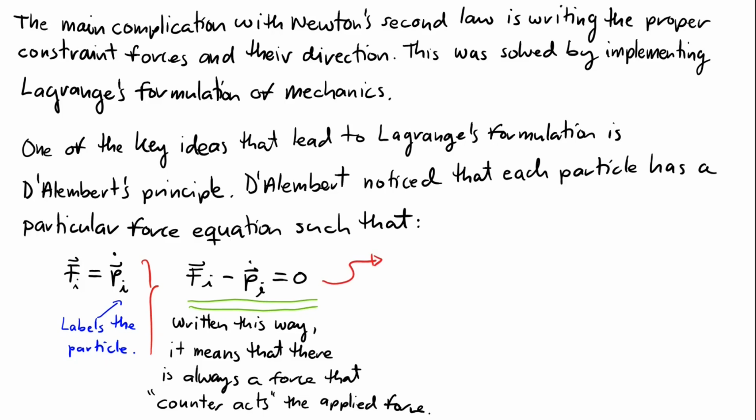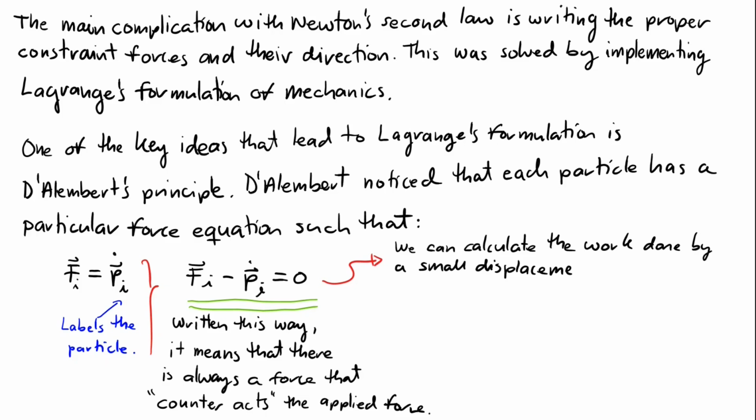We now take the work done by this force and add over all the particles. This might sound weird since if we know that the work done is 0, what else can we do?